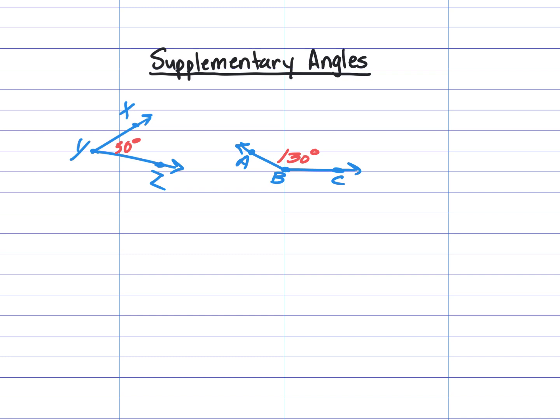So if I wanted to know the sum of their angles, then I could add them up. The measure of angle XYZ plus the measure of angle ABC, respectively, are 50 degrees plus 130 degrees, which equals 180 degrees.